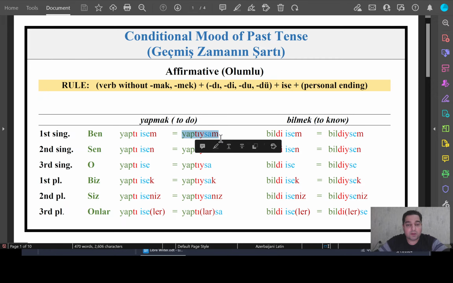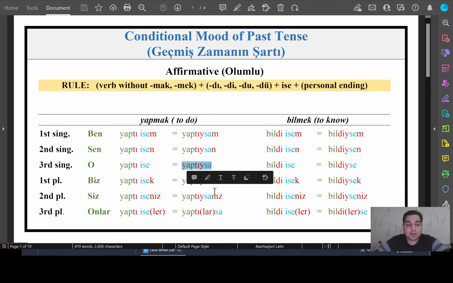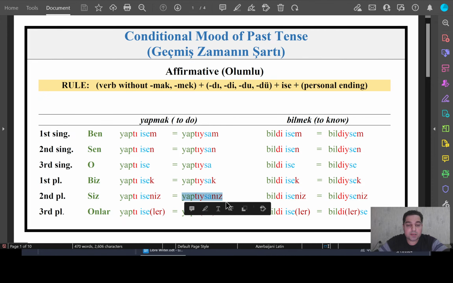This is the final form you have to have when you spell it, when you speak in colloquial language, in spoken language, as well as in written language. We almost never write them separately, unless it has to be. So yaptıysam is the result here. For you, sen yaptıysan, o yaptıysa, biz yaptıysak, siz yaptıysanız, onlar yaptılarsa.